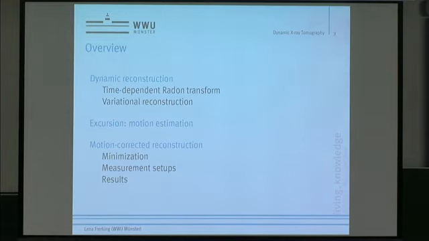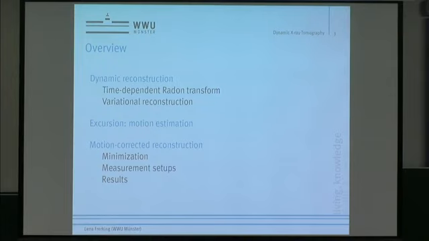Okay, in order to do that, I will start by talking a little bit about dynamic reconstruction in general, and there I will also introduce a time-dependent variant of the Radon transform, and incorporate this into a variational model for reconstruction.